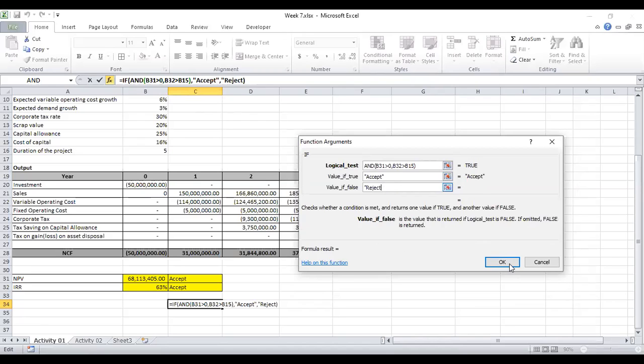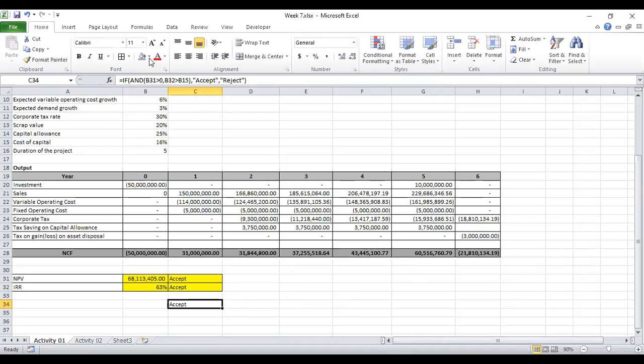Good. So this is what I have expected, and yes, you have done it perfectly correct. Let's say that it is the decision in front of that. Like you have taken NPV and IRR, take a heading that is Decision. Right, good. You have done it very correctly.